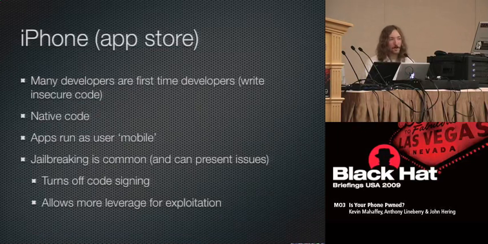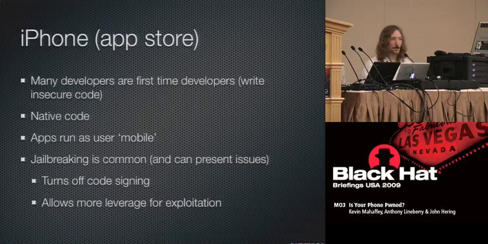One of the problems that makes it a lot easier to exploit the iPhone is that a lot of people are jailbreaking their phones. It was definitely a lot more common before the App Store came around. Since the App Store has existed, I don't know if it's as common, but it enables people to have access to applications that Apple denied from being in the App Store, or people who just don't want to deal with that to still have their code released.